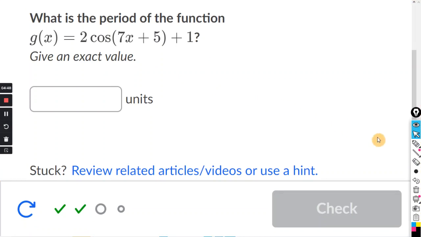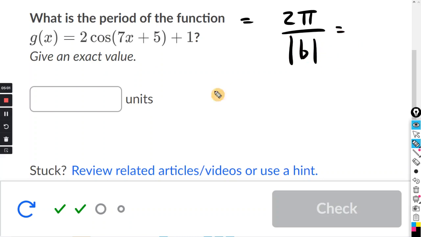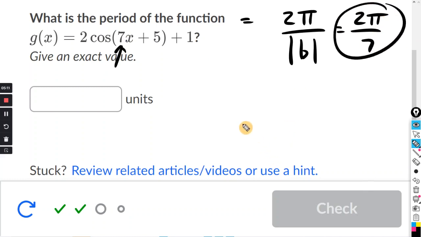What is the period of the function given? The period is just 2 pi over the absolute value of b. b is the number that is times x, so that's just going to be 2 pi divided by 7. That's it. And that makes sense.